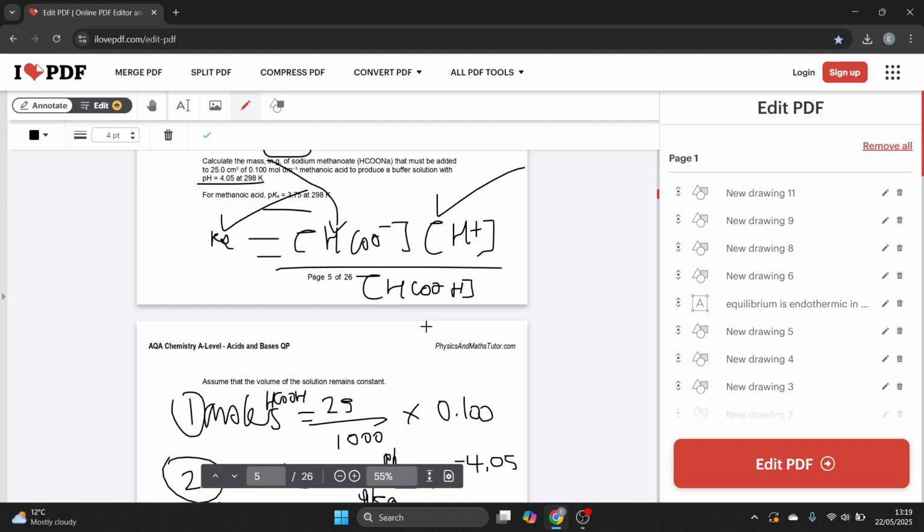So I'm going to say Ka, which is 10 to the power minus 3.75, times the concentration of ethanoic acid, which is 25 divided by 1000 times 0.100. Actually, let me work that out first. Okay, I'll keep that answer now.